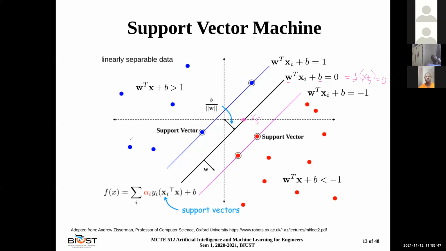If this is data point 6, x6, then it has components x1 and x2, x6. That's a vector.